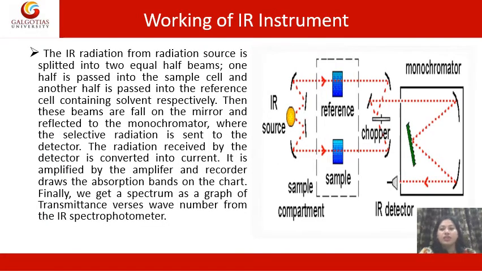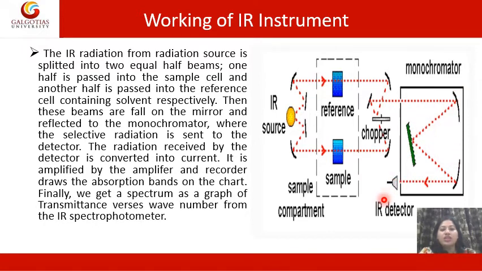Now, let us discuss the working of the instrument. The IR radiation from the radiation source is split into two equal halves. One half is passed into the sample cell and the other half is passed into the reference containing the solvent respectively. Then these beams fall on the mirror and are reflected towards the monochromator, where the selective radiation is sent to the detector.